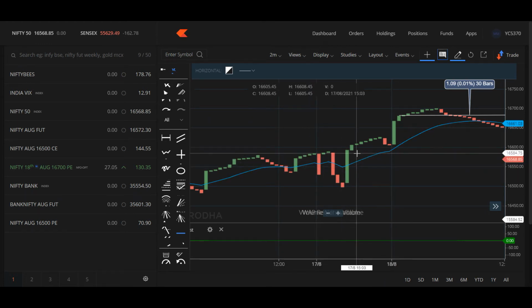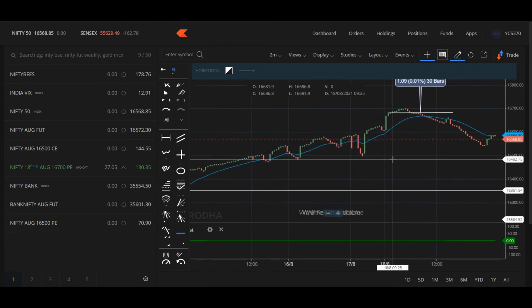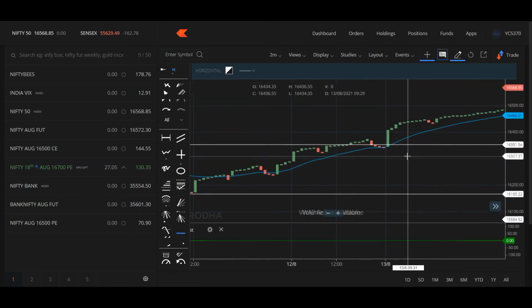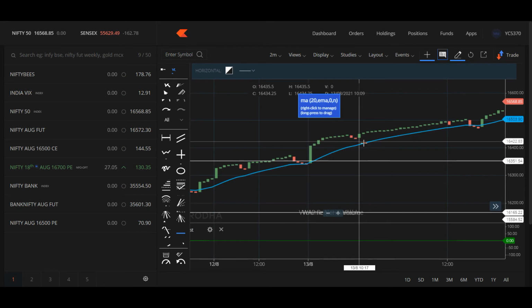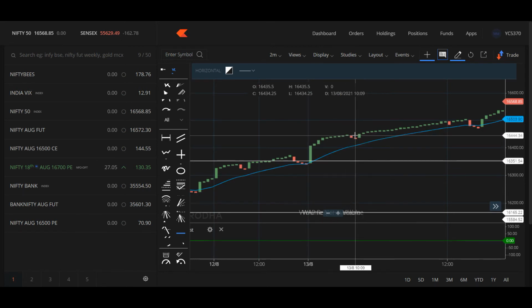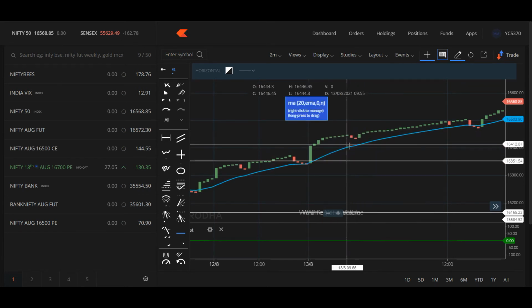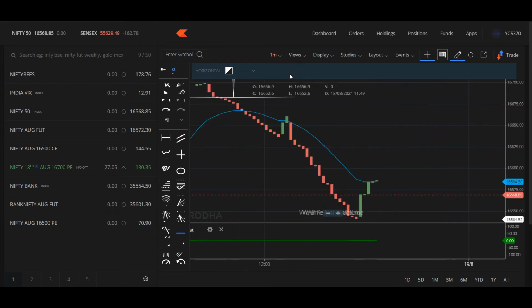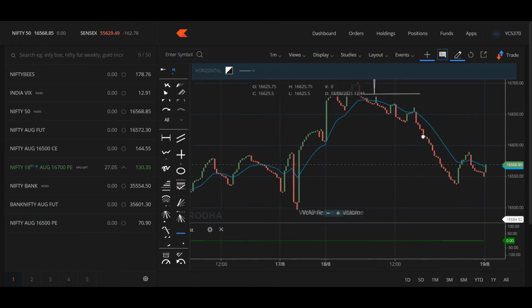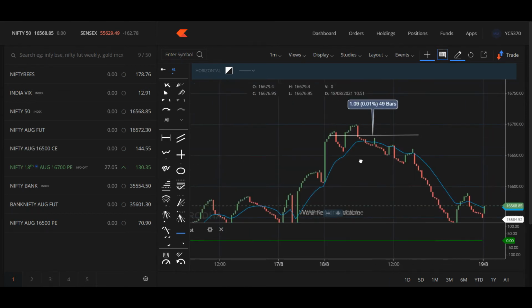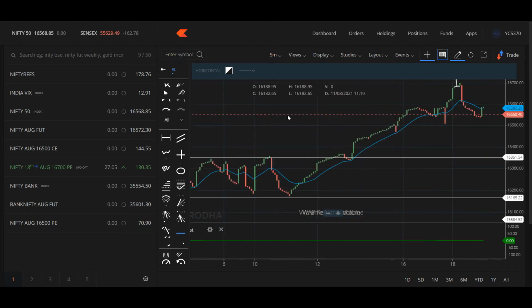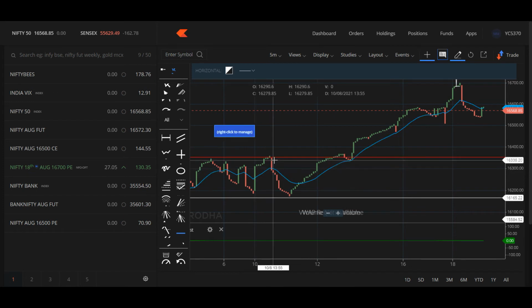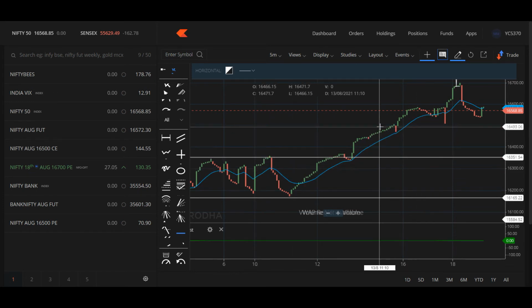So it will give you little faster moves, or some signals here and there, which will take care of it in case you're playing intraday positions, right? So you set 1 minute, it will give you this kind of thing, right? The standard is 5 minutes, or 3 minutes is what you can use, which will give you standard trades. And wherever we can trade on these particular things, right?